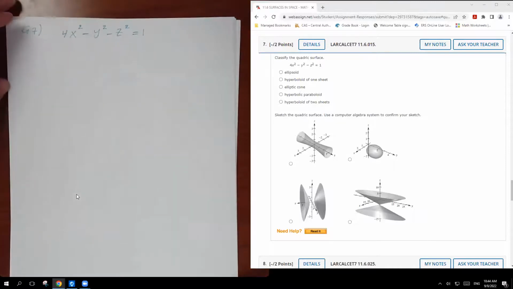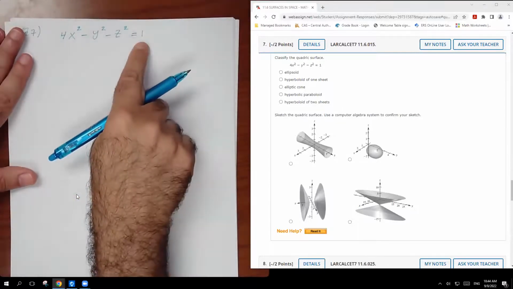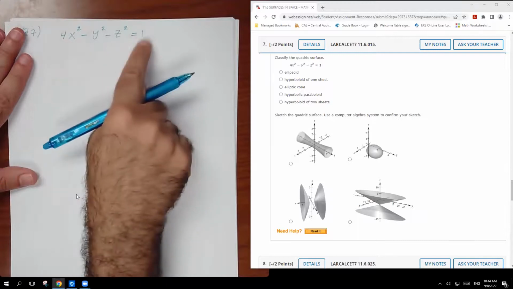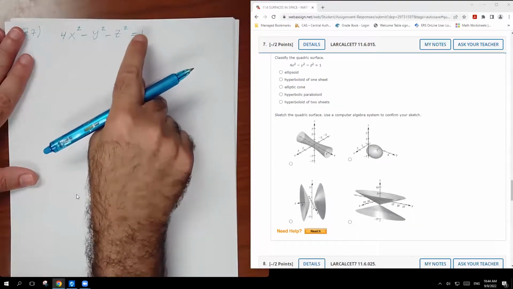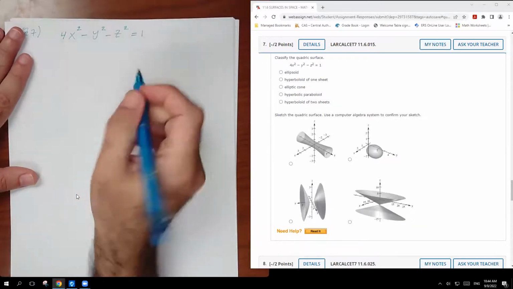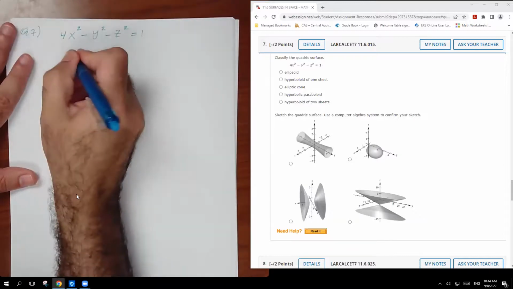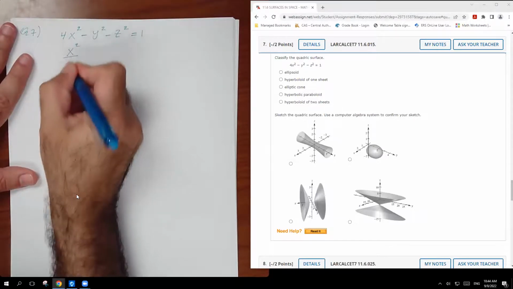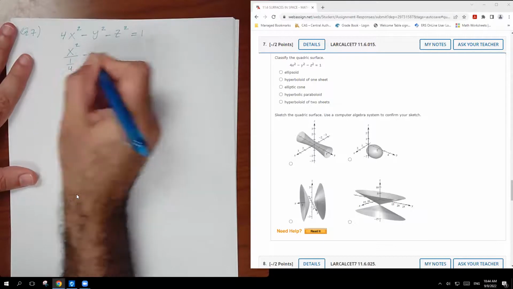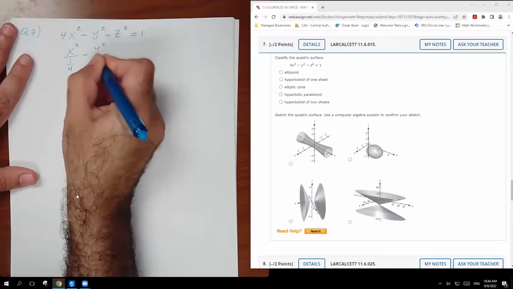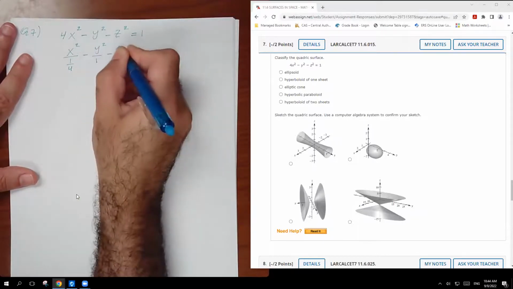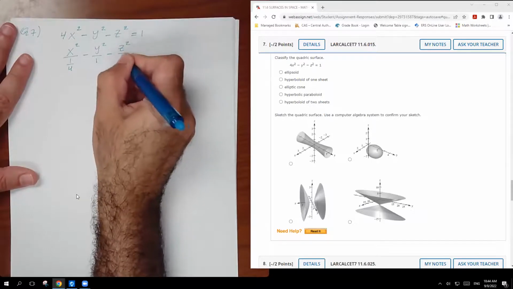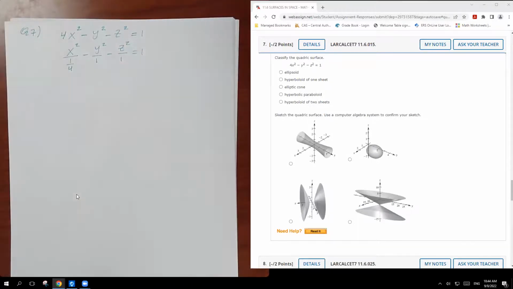So what are you going to do? This equals 1, and I'm not going to change anything here because this side equals 1. I can't make it 0, so just keep it 1. I'm just going to rewrite this as x squared over 1 over 4 minus y squared over 1 minus z squared over 1 equals 1.